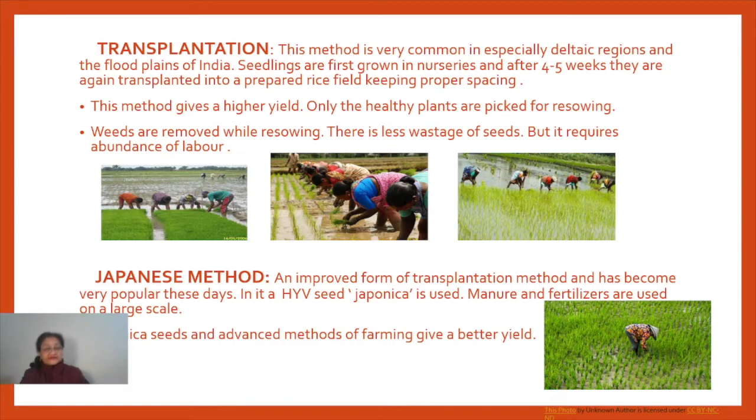The seeds are first dropped in a nursery, and there the seedlings grow to almost 20 centimeters, and the seedlings are left there for almost 4 to 5 weeks, right? After that, when they reach 20-25 centimeters or so, they are taken out from there and resown in a field which is already prepared, right?